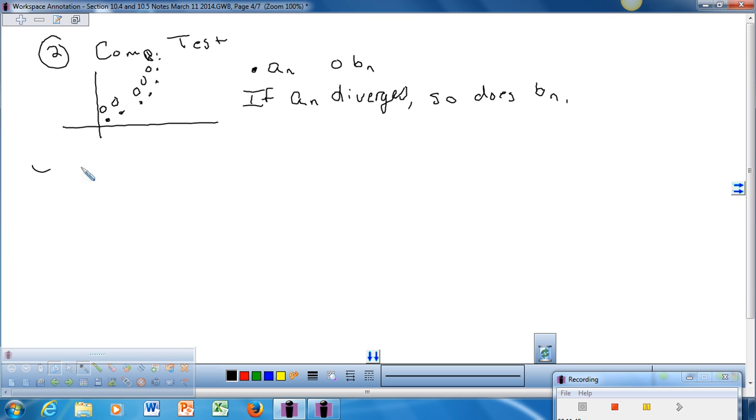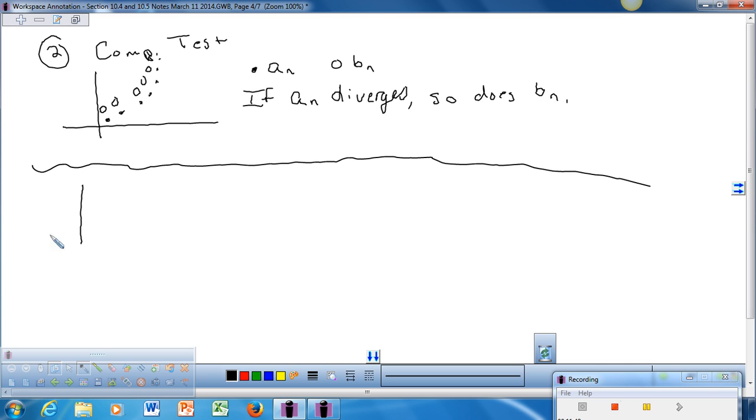All right, and then the second part of this said, if I have one that looks like this, remember they have to stay positive, can't go negative, and now I have this. So now, closed dot is a sub n, open dot is b sub n. Let's say I know that b sub n converges.